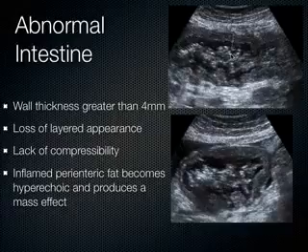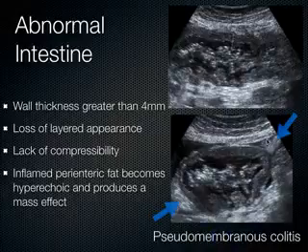The other thing that happens is sometimes you get some perienteric fat around the rim of the intestine when there's inflammation going on. So in this patient down here that has pseudomembranous colitis, we can see this hyperechoic area here and also adjacent over here. It may look a little subtle to you right now as you're sitting here looking up at these images, but I can tell you in real time, when you go to compress this, all this stuff kind of gets tacked down together, this perienteric fat, this hyperechoic area, and it all moves together.